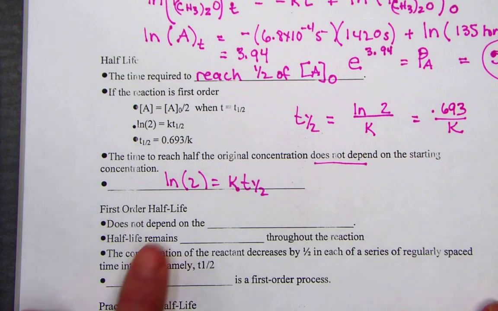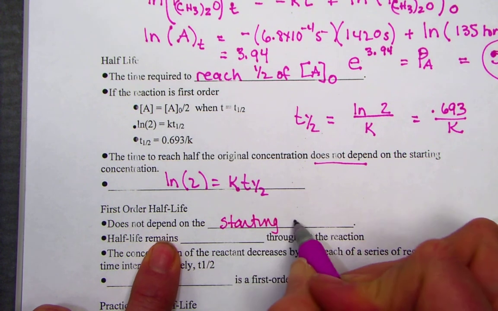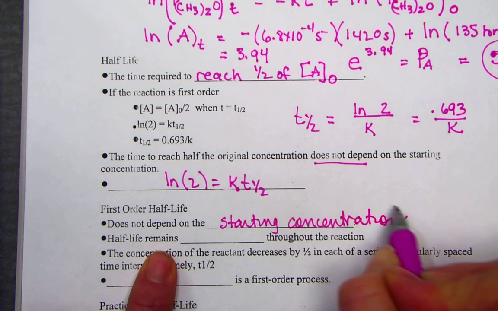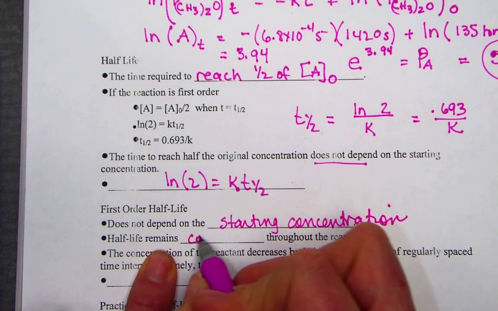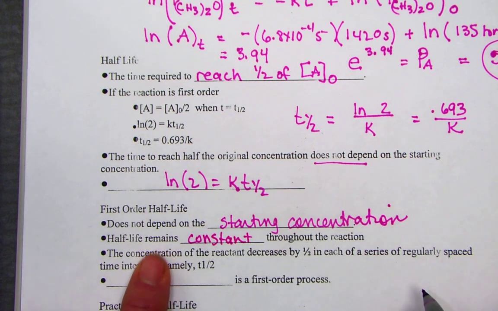So a first-order half-life does not depend on the starting concentration. And it remains constant throughout the entire reaction. It will be different for a second-order reaction.